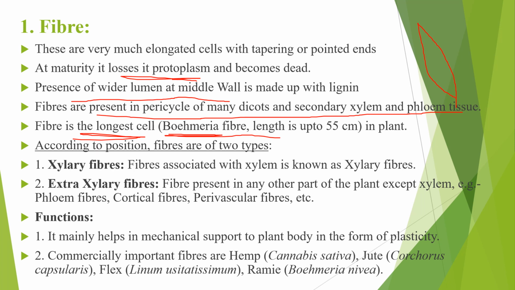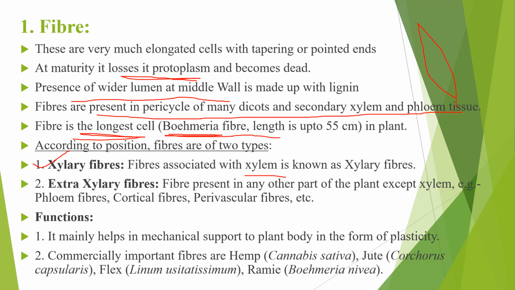According to position, fibers are of two types. One is xylem fiber, associated with xylem. The other is extraxylary fiber, present in any other part of the plant except xylem. For example, phloem fiber, cortical fiber, perivascular fiber. That means other than xylem.